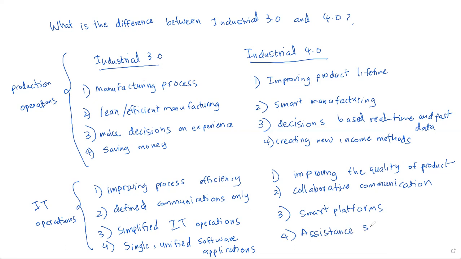So assistance systems are made available in Industry 4.0 in order to assist the customer or the employee to do a certain task. So we don't have software applications only, but assistance systems in addition to the software. So these are the improvements in Industrial 4.0 in comparison to Industrial 3.0.